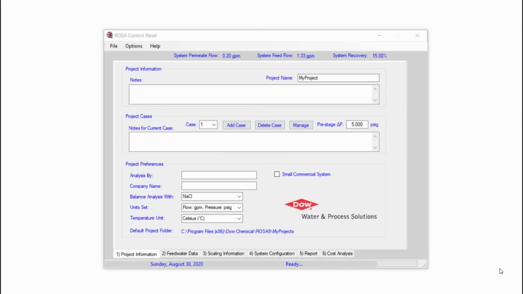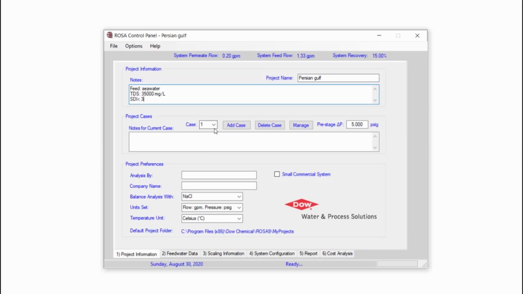Now we start designing with the software. As always, as you can see in the project information page, you have to input the required information in this page. The name of the project, for example, for this project is Persian Gulf. You can also write some notes about this project. For example, feed seawater TDS 35,000 milligram per liter, SDI less than 3.